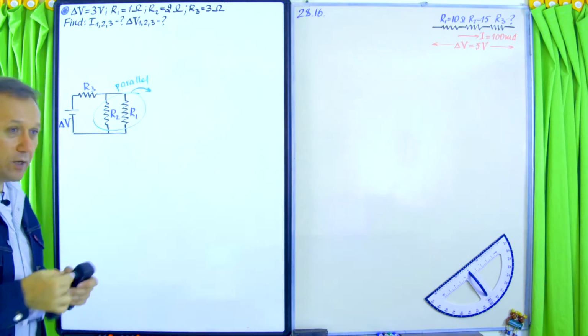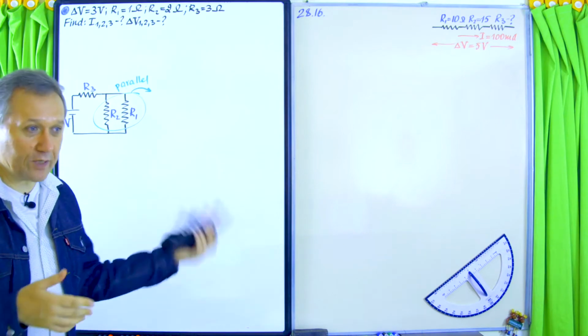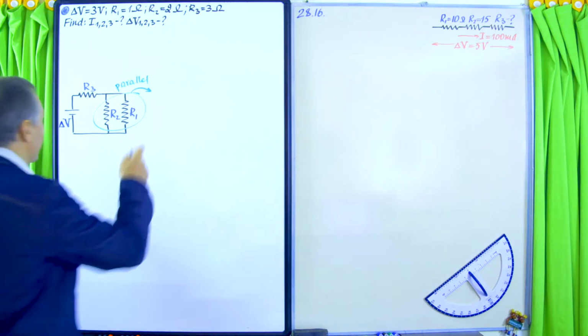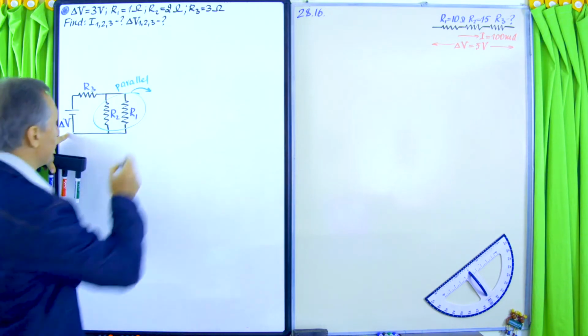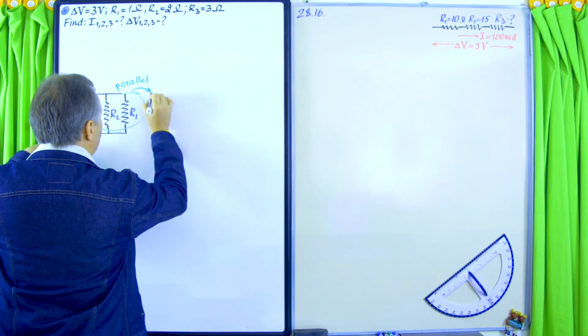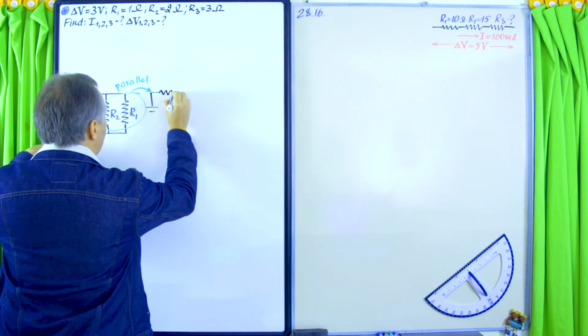As a result, we can make the first step and simplify this circuit to a slightly simpler one. Again, the battery must work in exactly the same way. So I can redraw my circuit. R3 we did not touch.